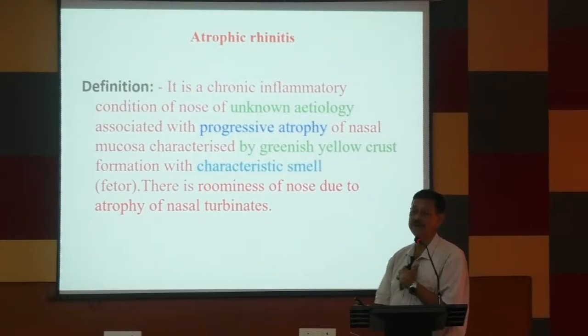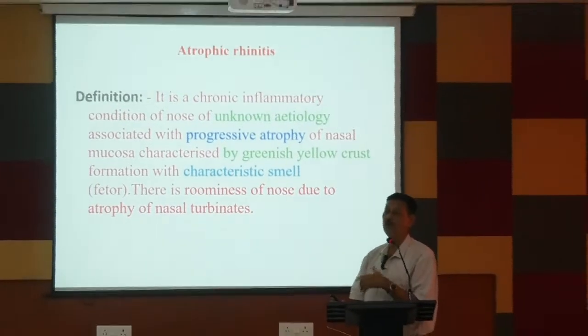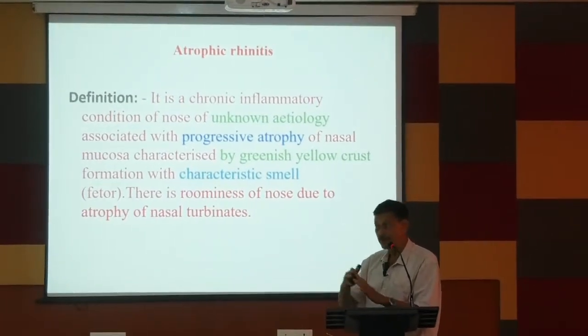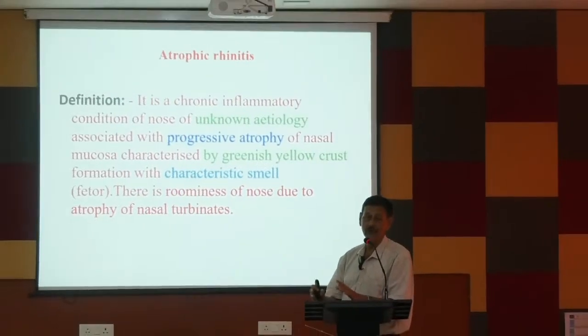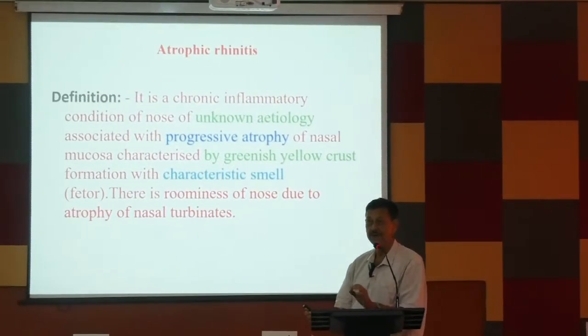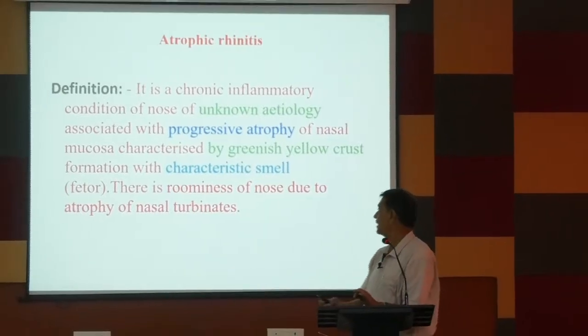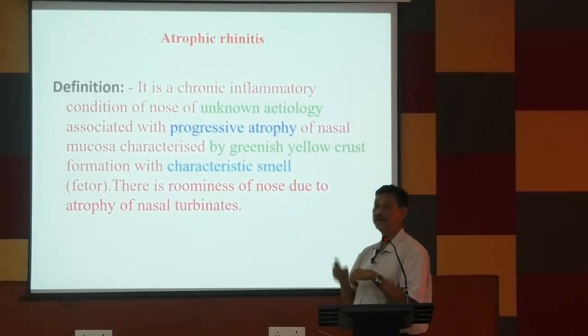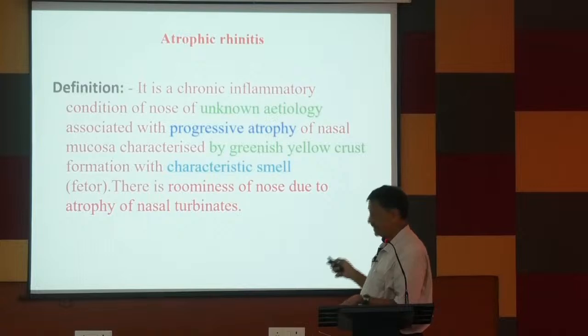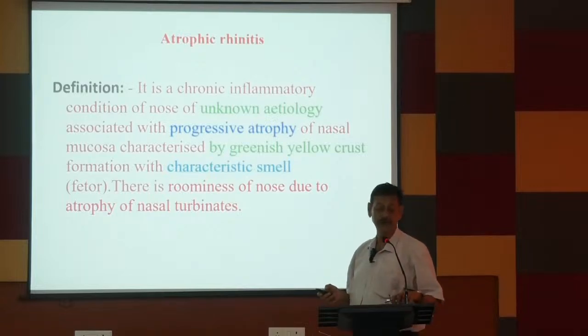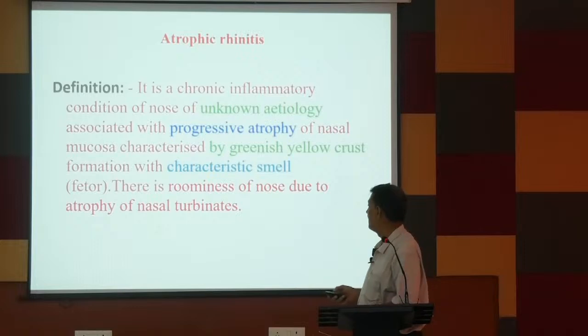When the hypertension is familial or genetical, or a cause could not be determined even after the search, no kidney cause, no heart cause or other thing, then we call it primary hypertension. Similarly, primary atrophic rhinitis and secondary. So unknown etiology is another factor why we say atrophic rhinitis is primary.